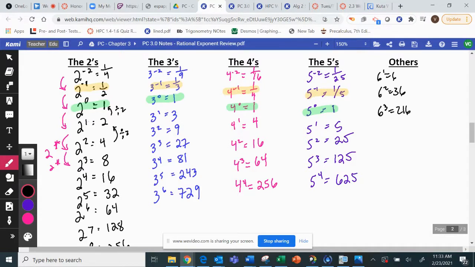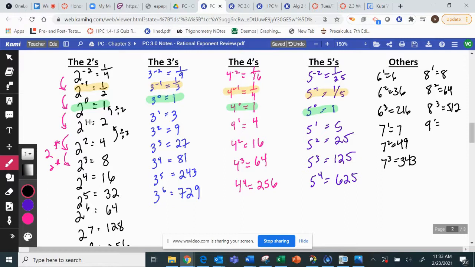Those typically come up. 7 squared is 49. 7 to the third, oops, is 343. 8 to the first, 8 to the second, and 8 to the third is 512.